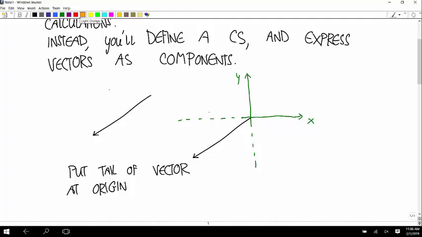And then we can break this vector up into one component that's parallel to the x-axis and one component that's parallel to the y-axis. So in this case, you can represent this vector as the sum of two different vectors, one parallel to the x-axis like that, and one parallel to the y-axis like that.